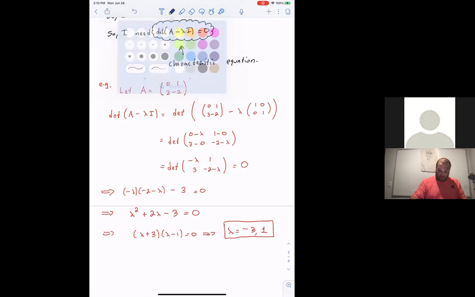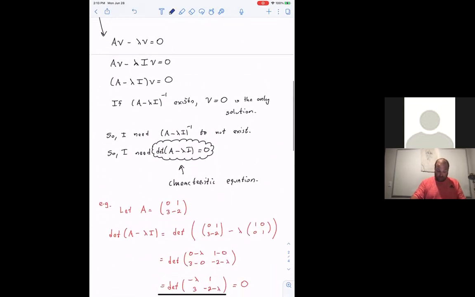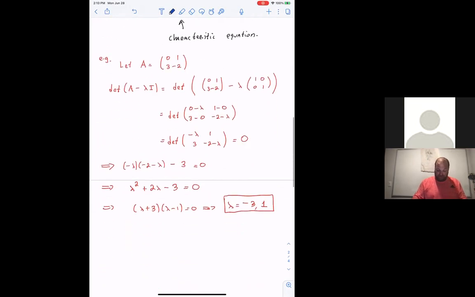For that, we're going to go back to this equation right here. Now that I have my eigenvalues, I go one step back up to the previous equation. I went through all this work to get to lambda, so we're working back up. I'm going to plug in the lambdas and solve for V. A minus lambda I times V is equal to 0.